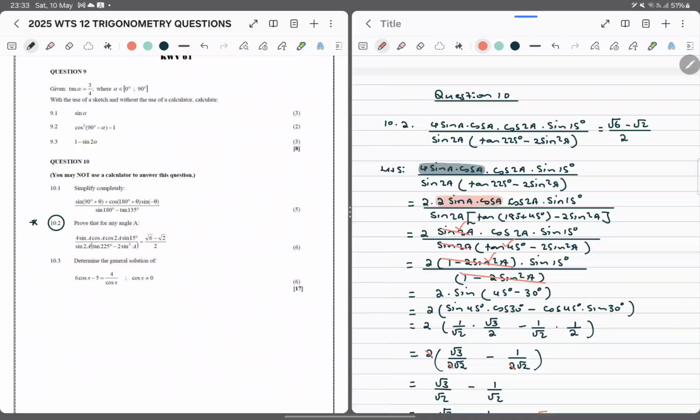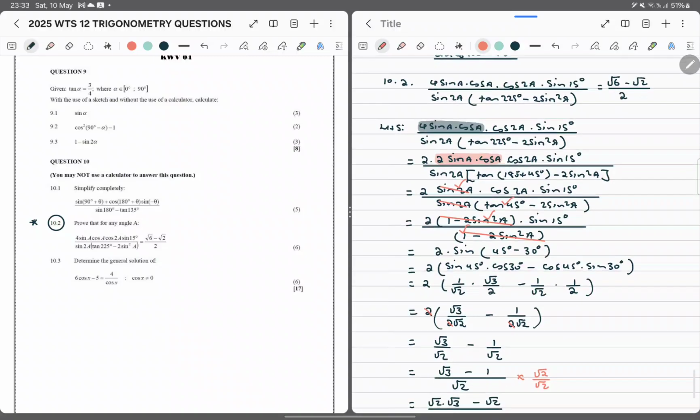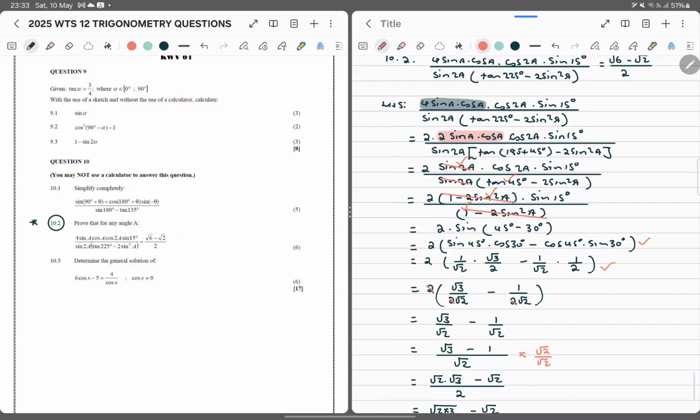It's 1 here. So that's again 1, 2, 3, 4. And then 5. Perhaps that one is not so strong, but the expansion, identities, 5. And then using special angle, 6. So 1, 2, 3, 4, 5, 6.